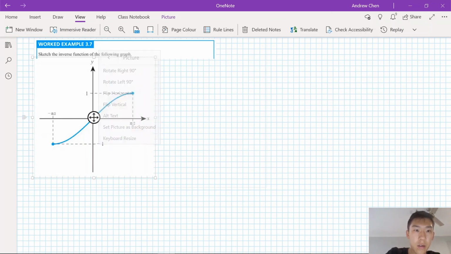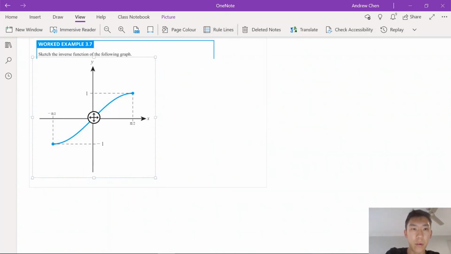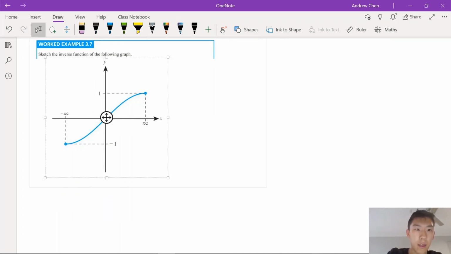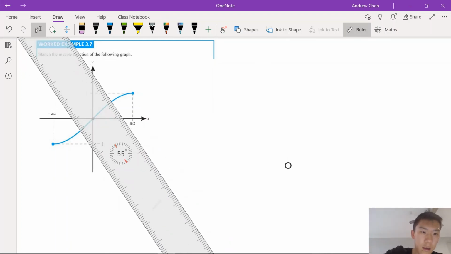Okay, no, that's not going to work because this is a picture. Or I'm just terrible at this program. So, look, what we can do is draw. Let me get my ruler.